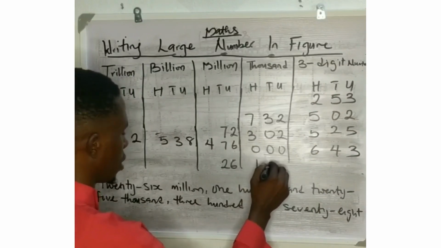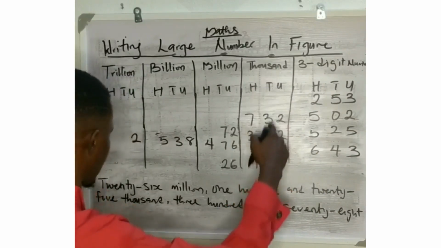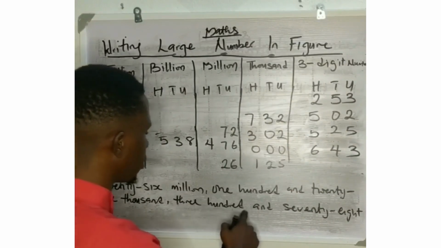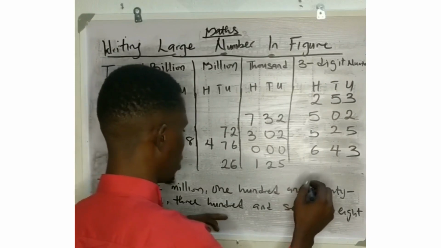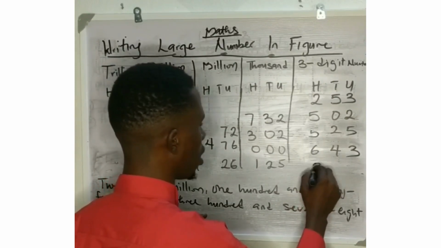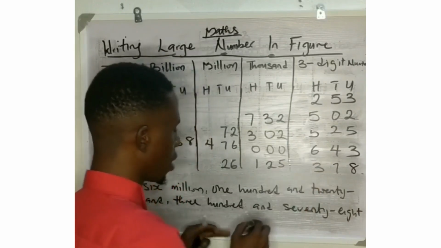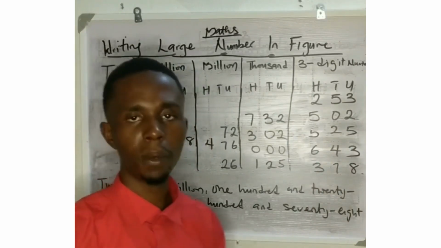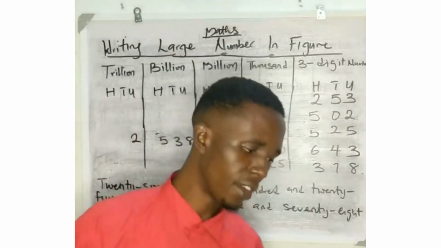You have 125 under 1,000. Then 378. We have 378. So you see, writing place value in figure becomes very easy.